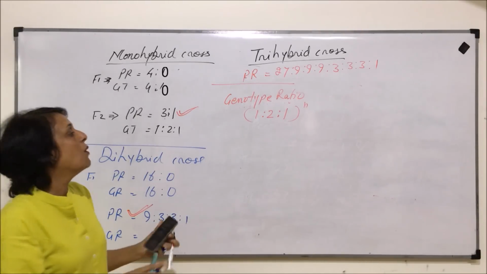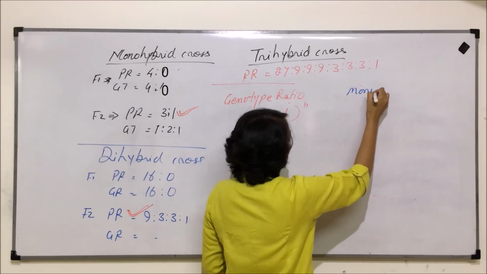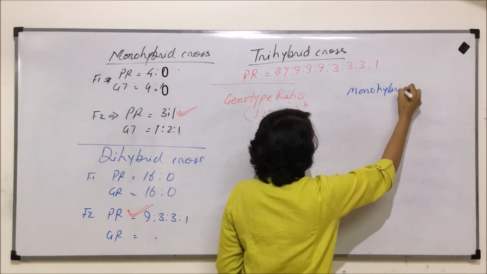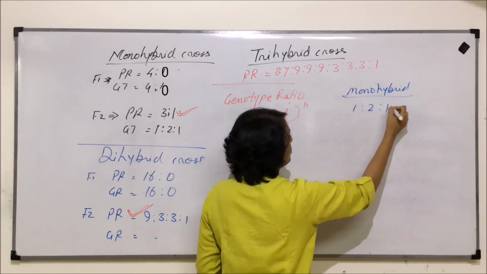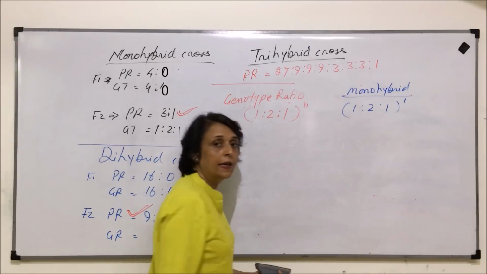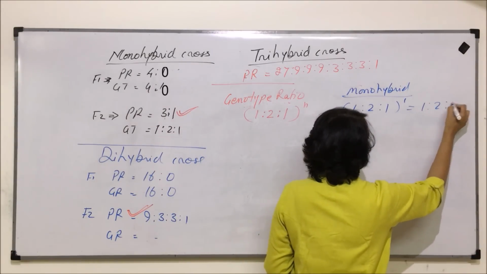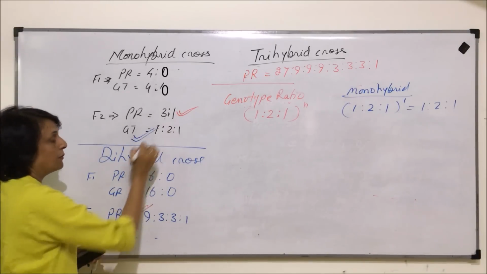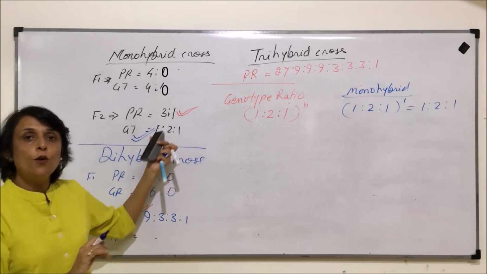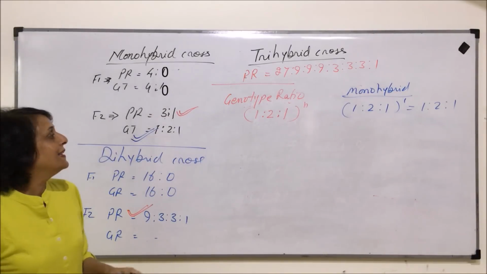So, in case of a monohybrid cross, it's going to be 1 is to 2 is to 1 raised to 1. That means the ratio is going to be 1 is to 2 is to 1. Is this the ratio that we got here? Same. So, now we know that the orthodox method and the formula also give us the same.